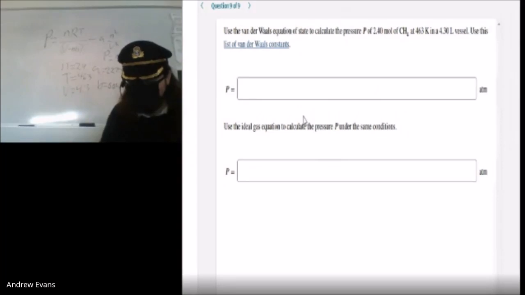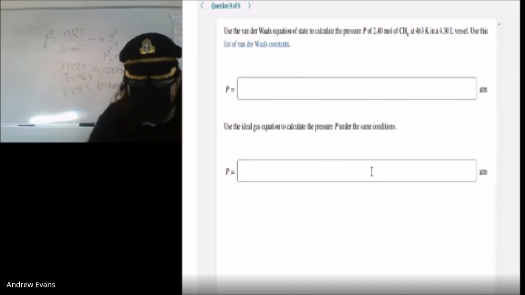All we have to do is take our moles, 2.4, our R, which is 0.08206, times our temperature, which is 463, divided by our volume, which is 4.3. So plugging that in, the pressure I get is 21.2 atm.